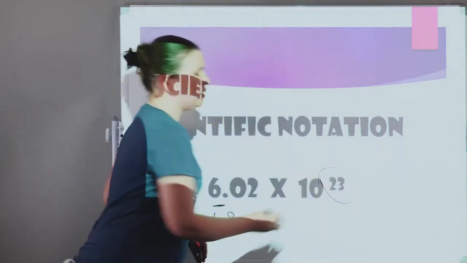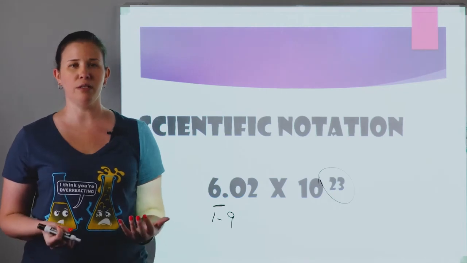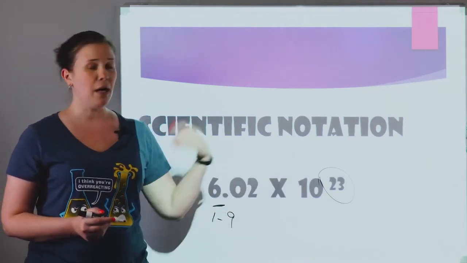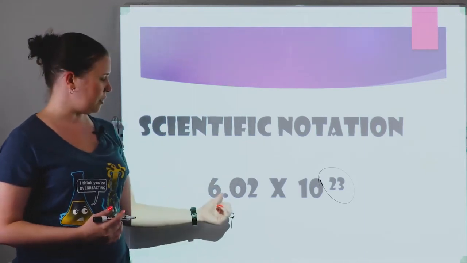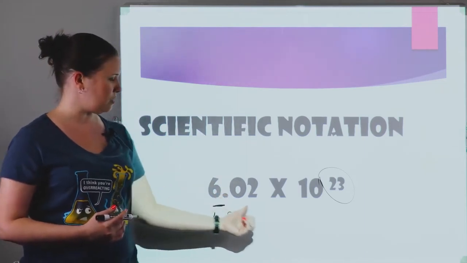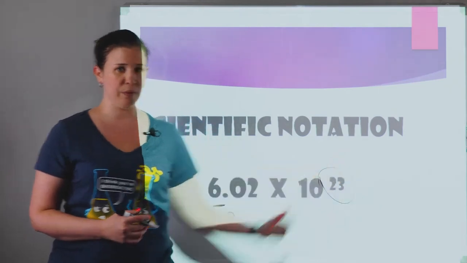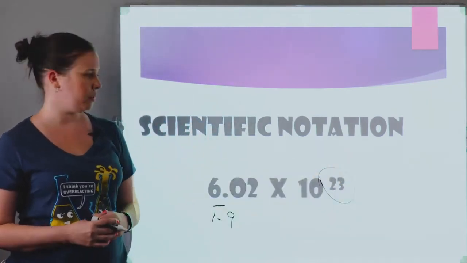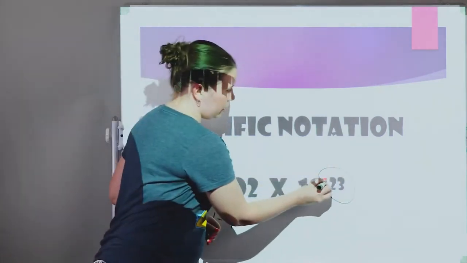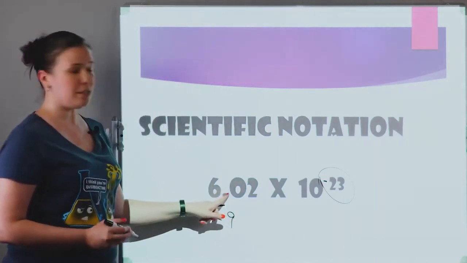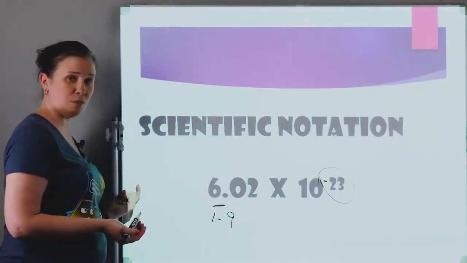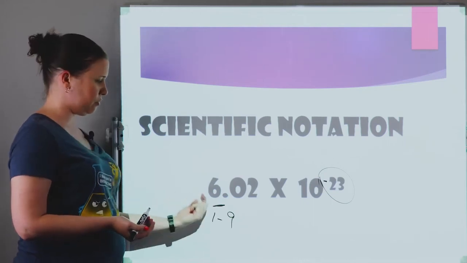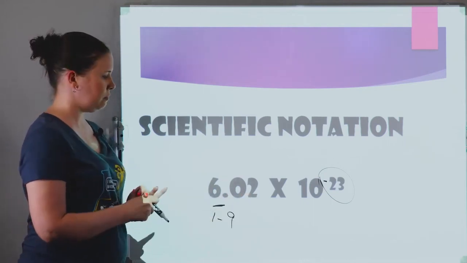Now this exponent is going to tell us everything else we need to know about the number. If it's a positive exponent, that means it's a really big number. And so that means that I would actually be moving this decimal place back 23 places to make this a very large number. If it were a negative exponent, that decimal place is actually going to then be moved towards me, making it a very small number, a lot of zeros before the actual digits.